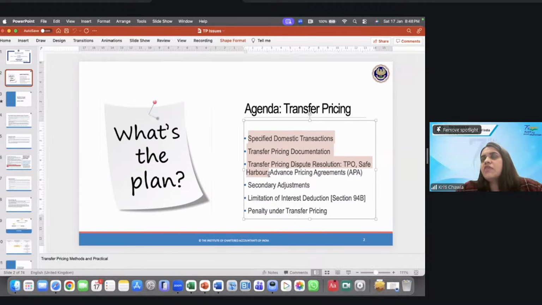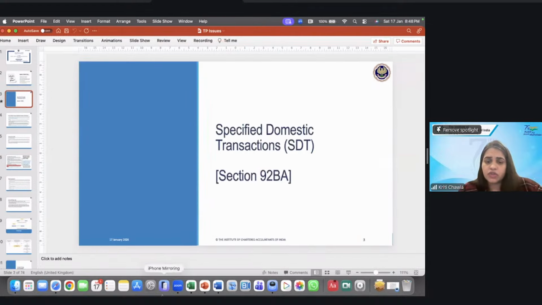I'd also like to cover some very specific and a little technical issues, called secondary adjustments and interest limitation rules, section 94B. After that, we'll discuss a very small portion relating to penalty with respect to transfer pricing.